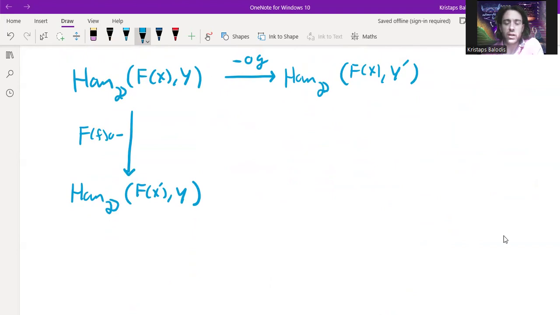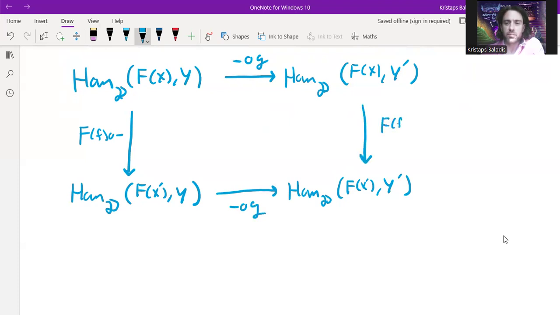Okay, and so finally, both of these things should end up with F of x prime, y prime. But now these maps are already set, right? So it's just going to be these same maps here.